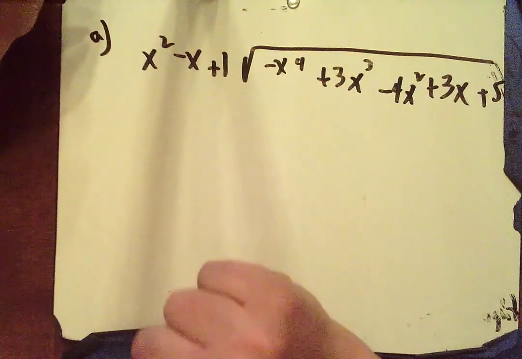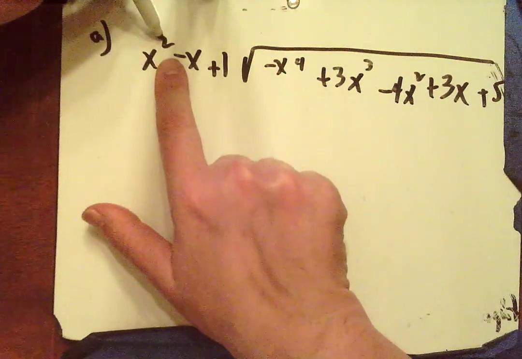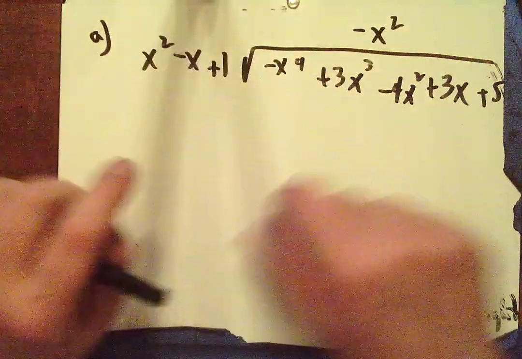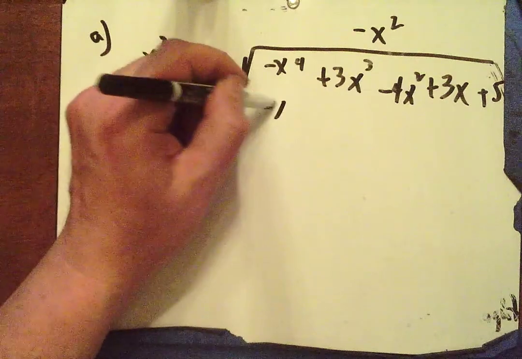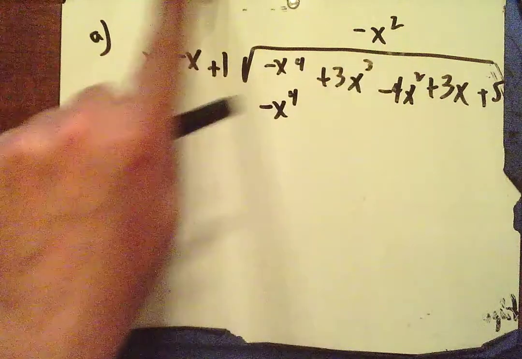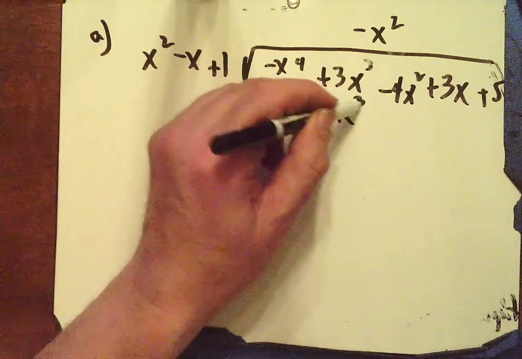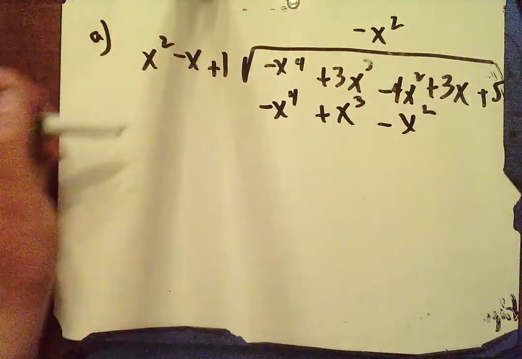Can only use linear factors in synthetic. So x squared to make negative x to the 4th, well, I'm going with negative x squared because negative x squared times x squared is going to be negative x to the 4th. Don't forget to distribute that negative x squared to each of these. We get positive x to the 3rd minus x squared.